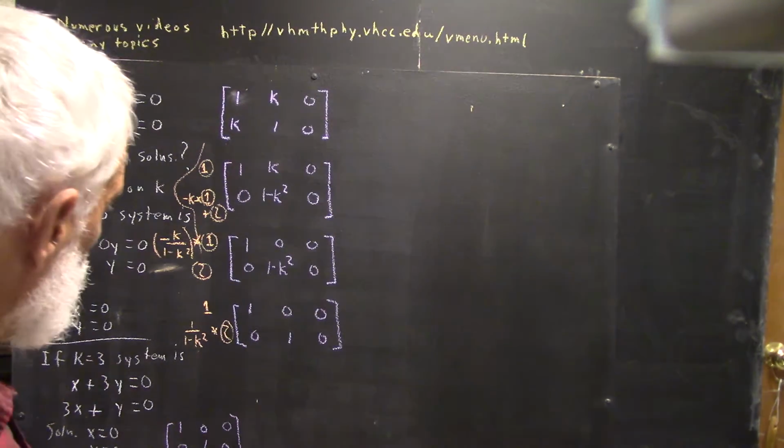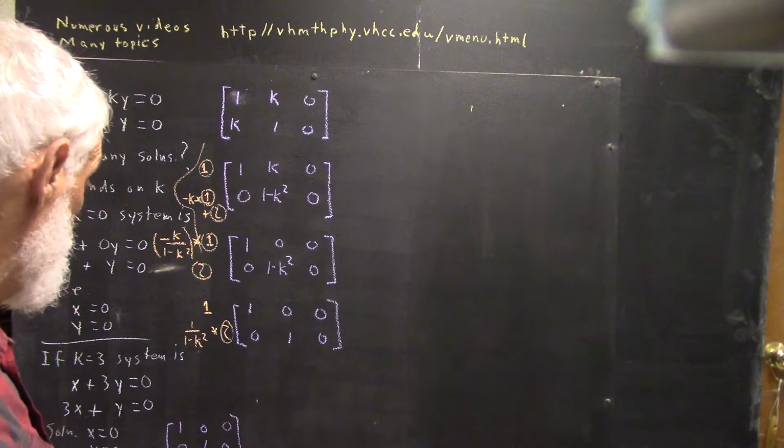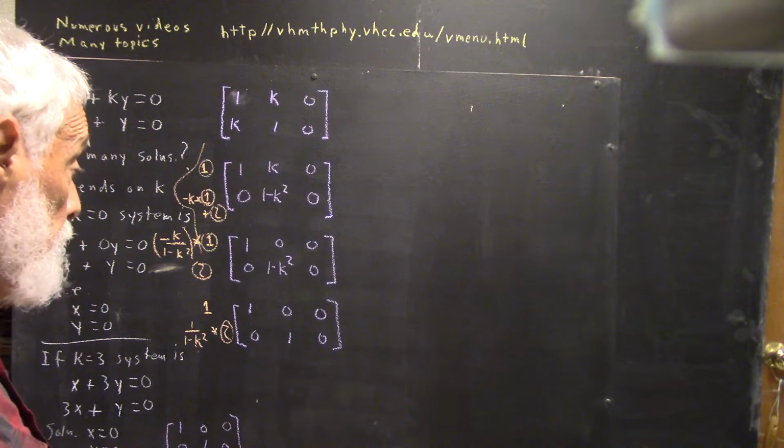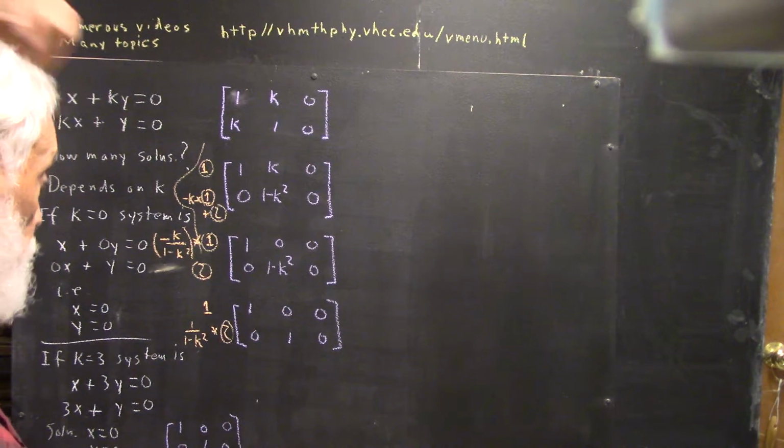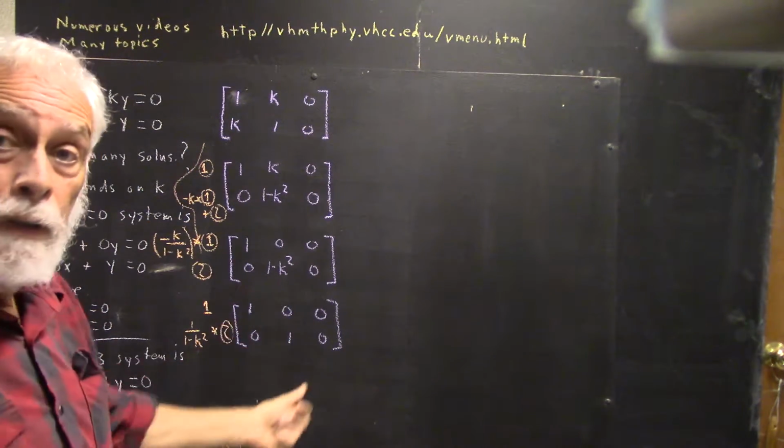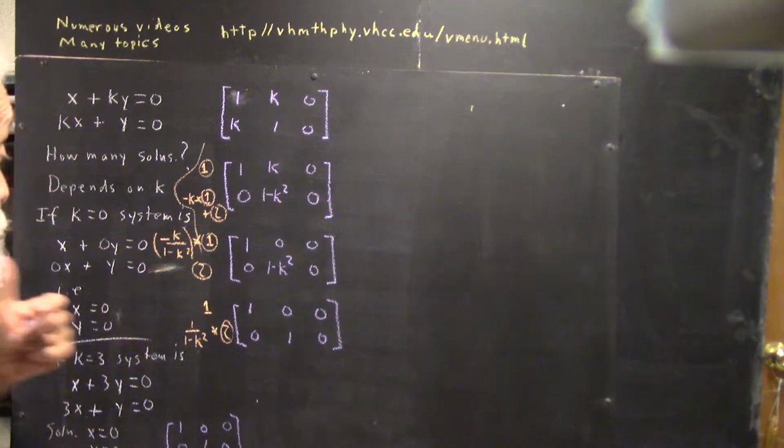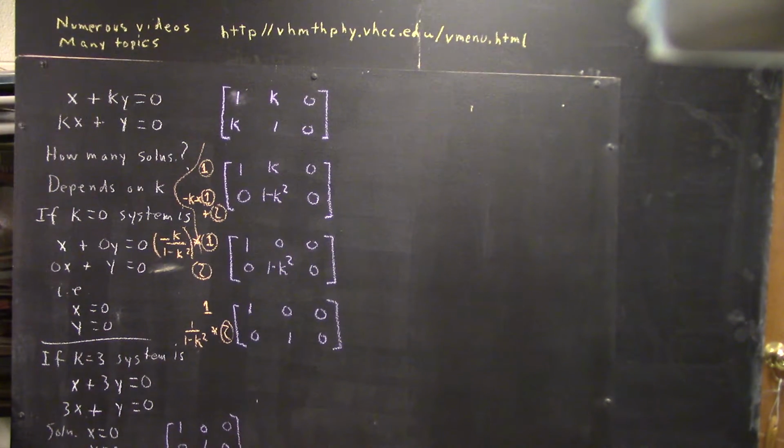Now down here we have this, and this works just fine. So it seems that this matrix always reduces to this. But it's not so. Can you think of why it's not so?